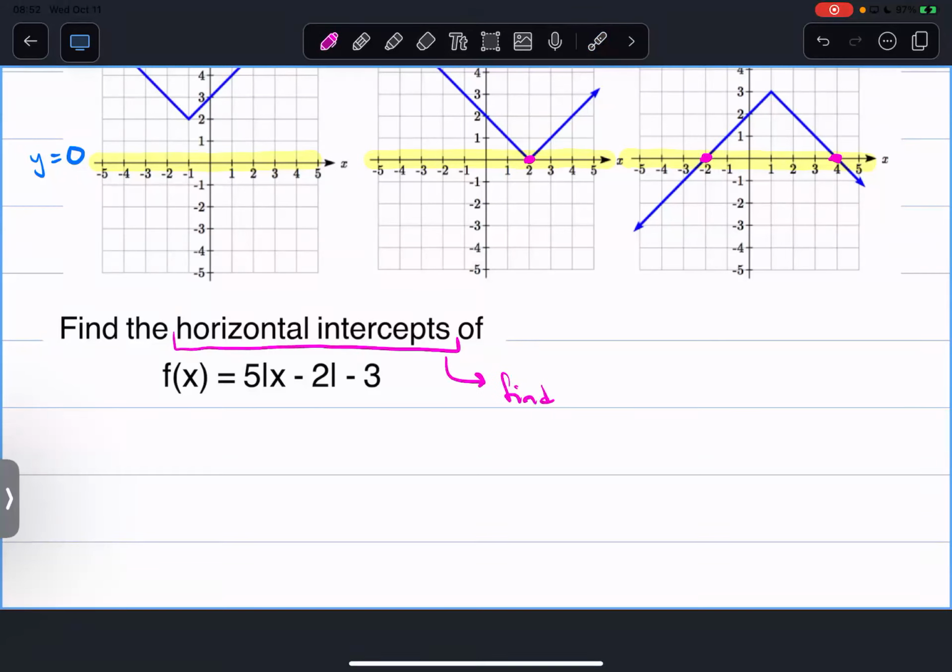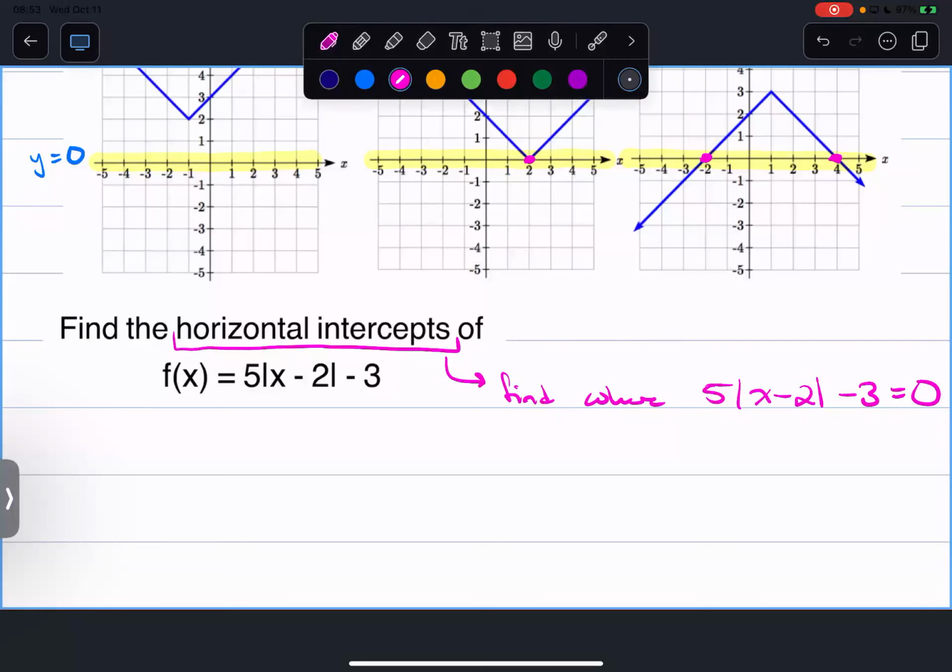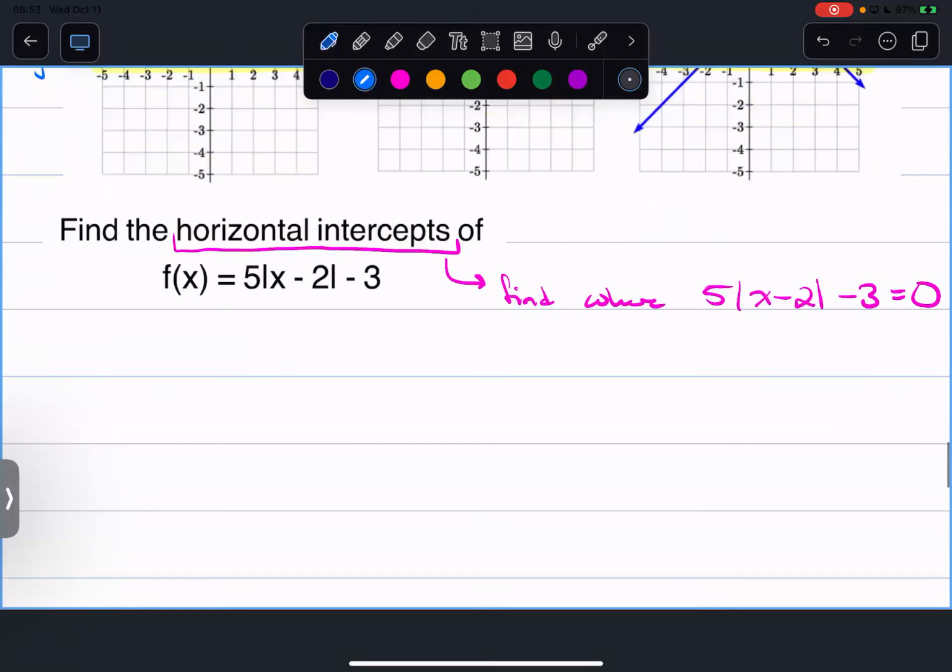This is really saying find where 5 times the absolute value of x minus 2, minus 3 is equal to 0. We can do that, but it does rely on that knowledge, and so that's important. So what we want to do is 5 times the absolute value of x minus 2, minus 3 is equal to 0.